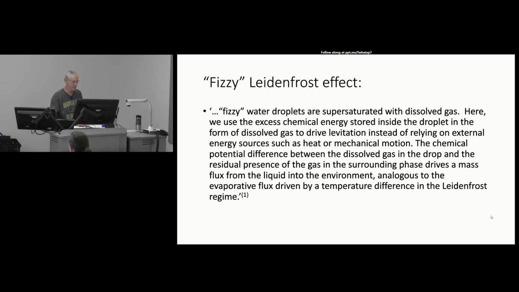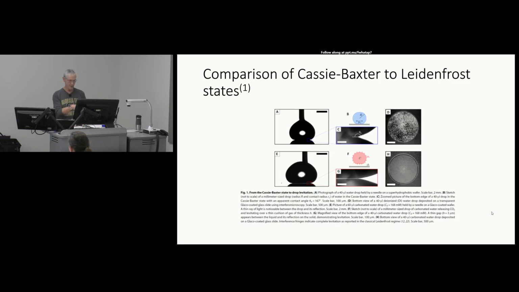Basically, this is the comparison of the Cassie-Baxter to Leidenfrost states. Just real basically, take a look at the top, which is the Cassie-Baxter, and you can see that it's fully engaged with the surface. You can't see the crenellations at this resolution, but directly under it, that's another image of the Leidenfrost effect, where you can see a thin bit of light coming underneath, showing the actual levitation.